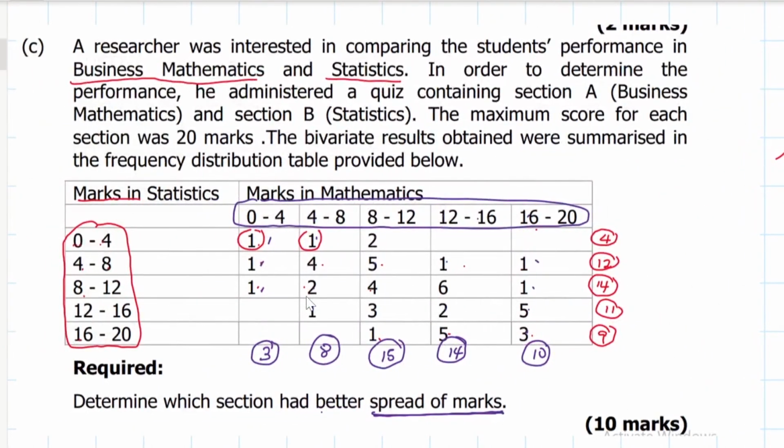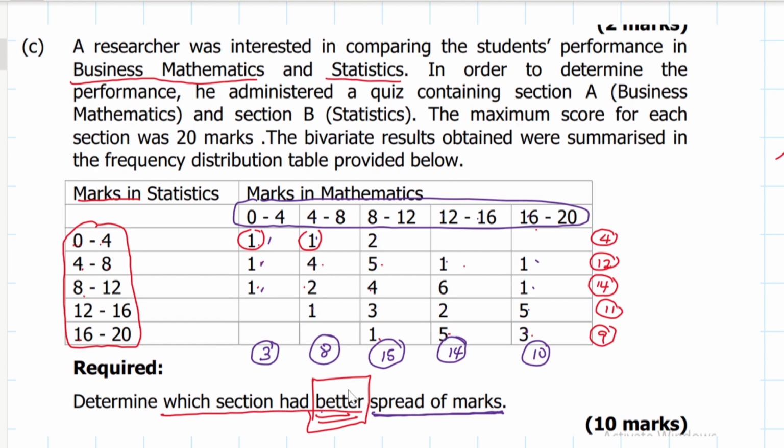Here, when they tell you to determine which section has better spread of marks, I think by the word better, they mean which one is more, you know. Okay, what do we mean by better? Maybe they used a vague word here. Maybe they should have said determine which section had more spread or little spread, because does better spread of marks mean marks are supposed to be near each other?